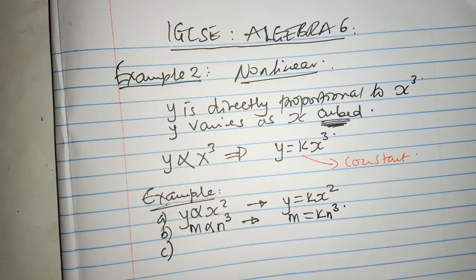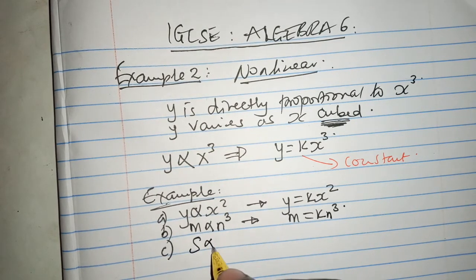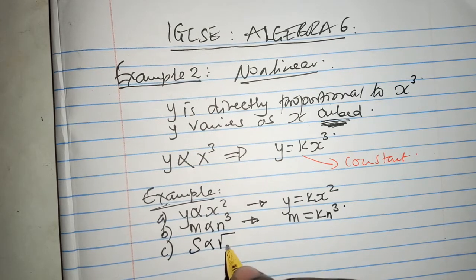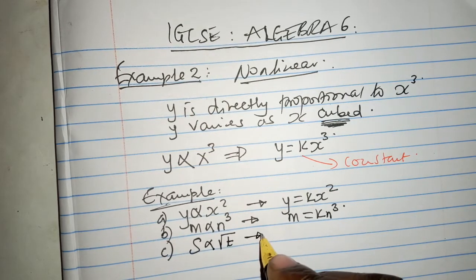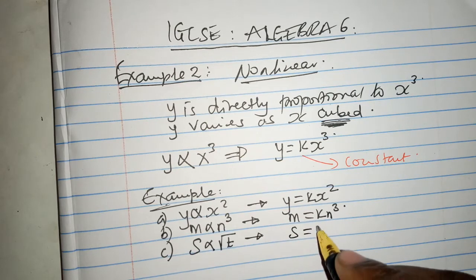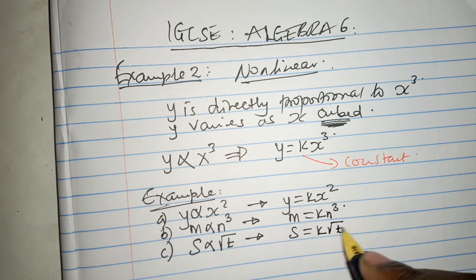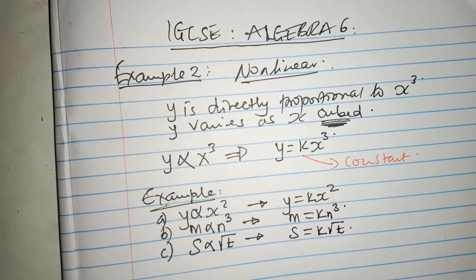Part C: s is directly proportional to the square root of t, which translates to s is equals to k root t. It's just like that.